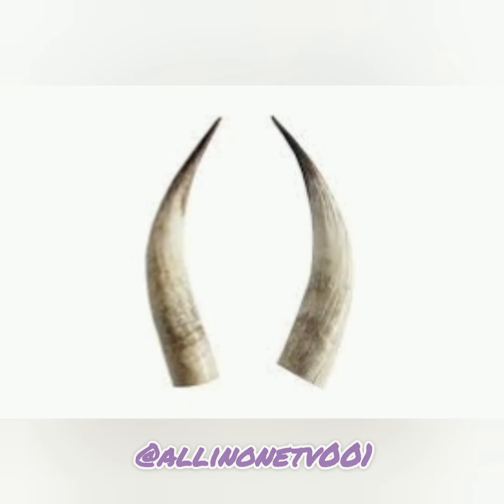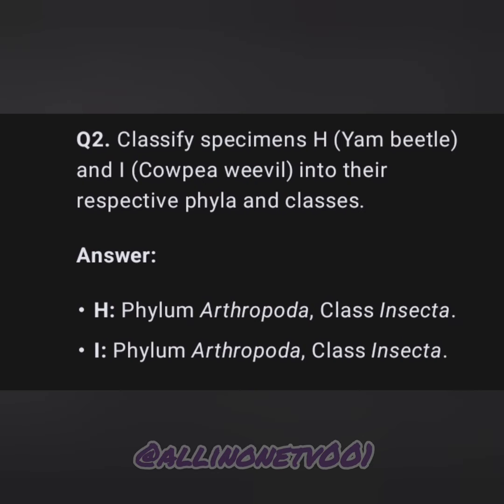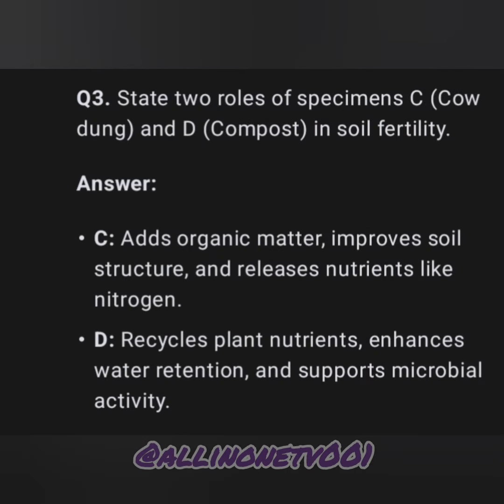Now we are going to random questions, which can be asked anywhere or anytime, just random questions about any specimen. Classify specimen H, which is yam beetle, and I into their respective phyla and classes. The answer is specimen H, yam beetle, is phylum Arthropoda, class Insecta, and the same for cowpea weevil: phylum Arthropoda, class Insecta.